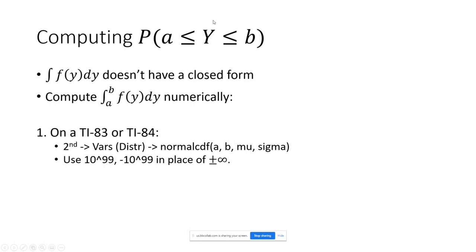If we were finding the probability that y is less than or equal to B, so no lower bound of A, then you'd want to use a lower bound of negative infinity, which you put in as negative 10 to the 99th.